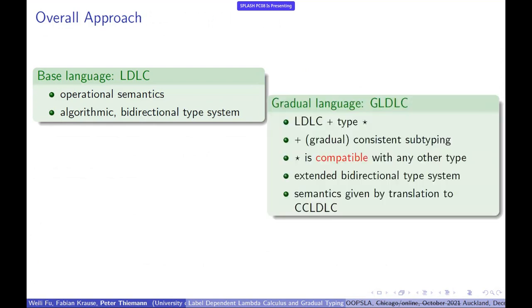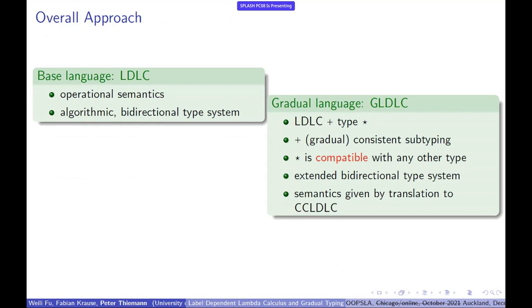Okay, then what I showed you next is the gradual language. So that is essentially this calculus, and on top we have this star type, and the star type is kind of seamlessly included.